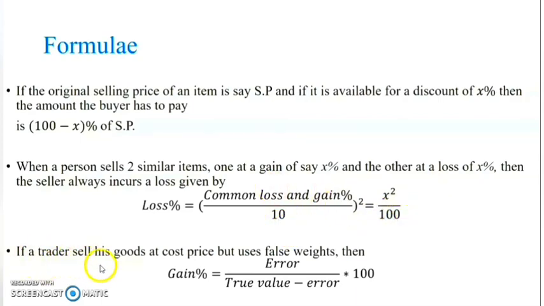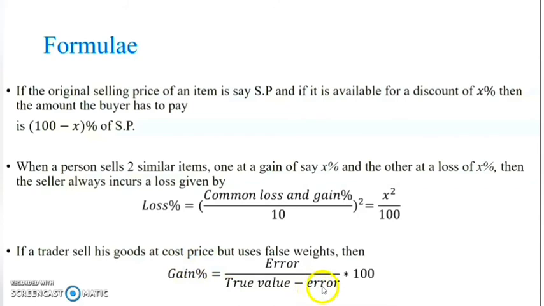Now coming to the third formula, it says that if a trader sells his goods at cost price but uses false weights, then gain percent will be equal to error upon (true value minus error) into 100. This is the case when the shopkeeper decides to sell a certain quantity of an item at the same cost price, but he will reduce the quantity, only to gain some profit.